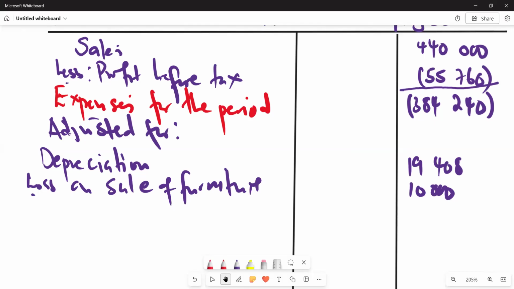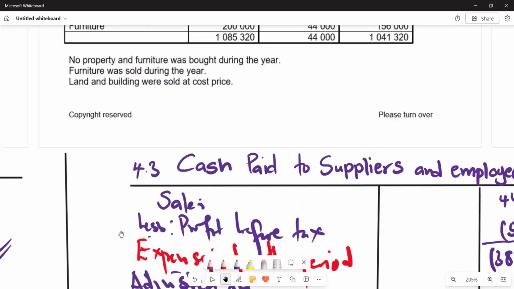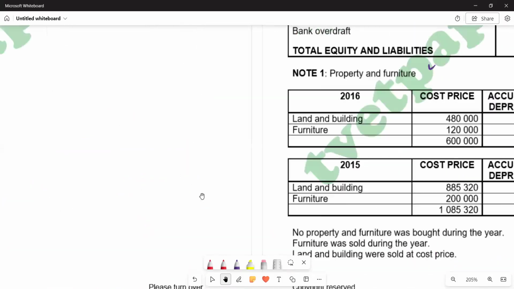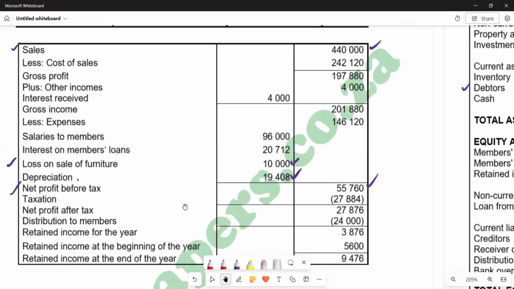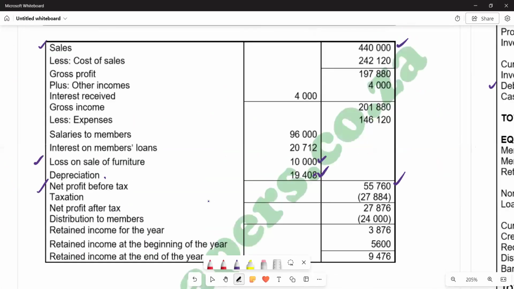So we check if you've got interest received, interest paid in the statement of comprehensive income. Starting from the beginning, we have interest received, 4,000. At first we added it, so at this point we are just going to do the opposite, we subtract it.